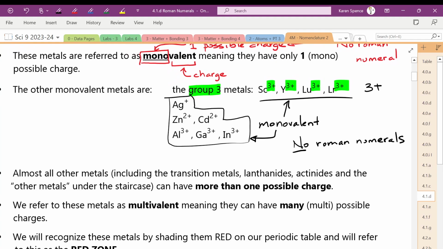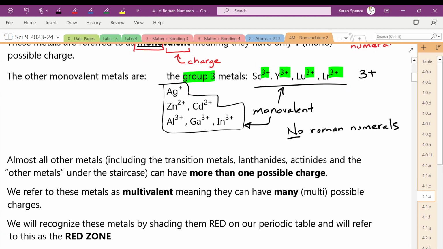However, almost all the other metals, that includes your transition metals, the lanthanides, the actinides, and a bunch of the other metals under the staircase, they can have more than one possible charge. And one of the prefixes meaning more than one is multi.